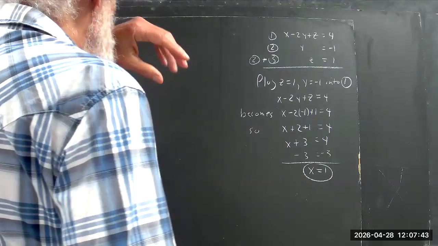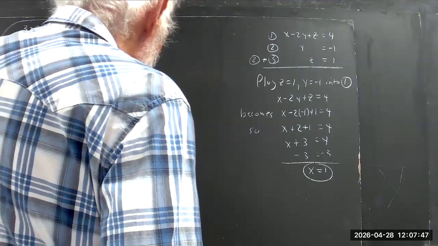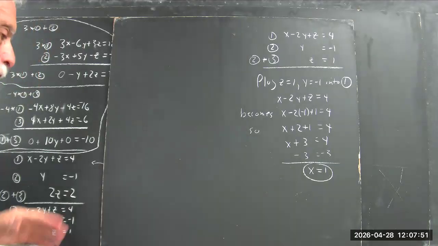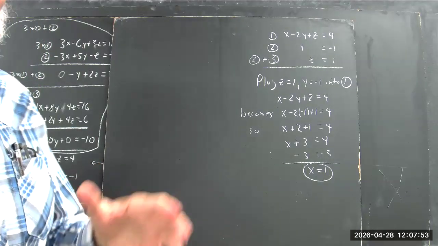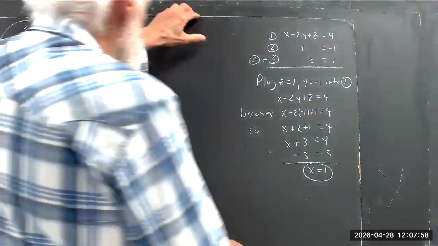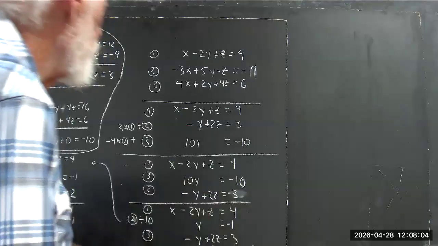Okay. Now, the main thing is figuring out what you need to do at each step. You want to follow the steps in order. Now, let's just look at how this system evolved.